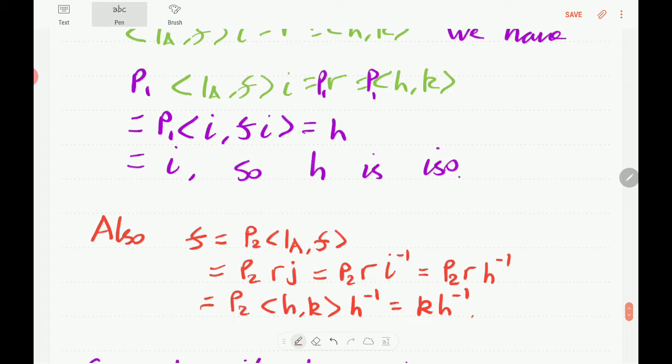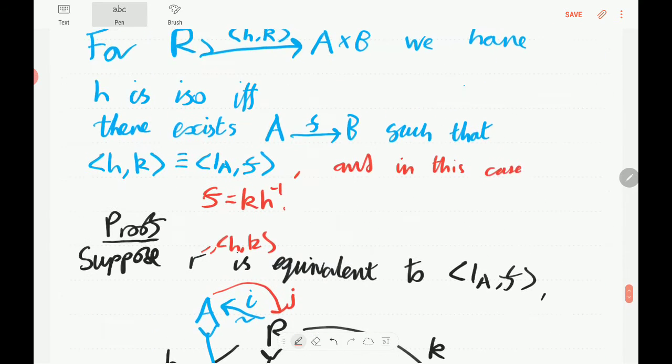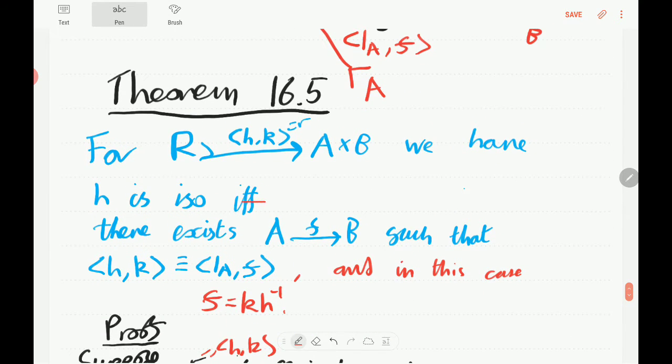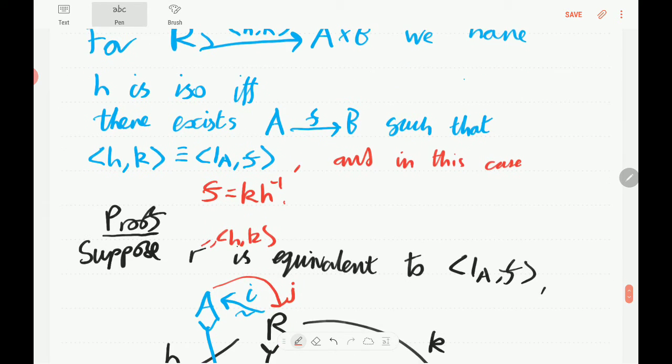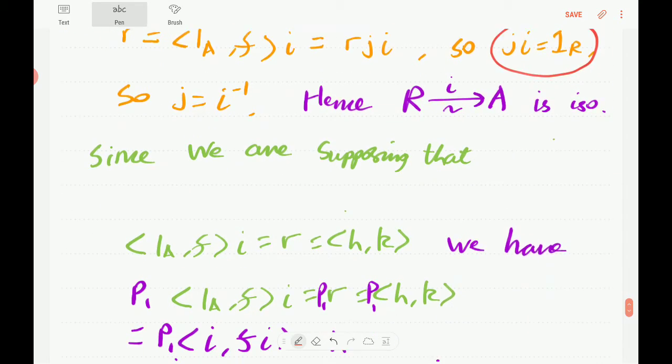Also, let's have another look at our result. We assumed that h comma k was equivalent to our graph, and we got that h is an isomorphism. We also want to get that f is equal to k after h to the minus 1. We'll get that now.